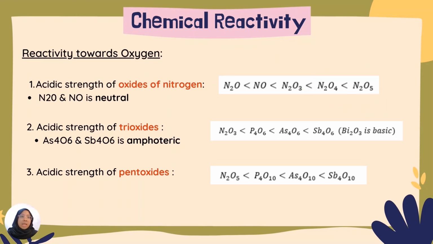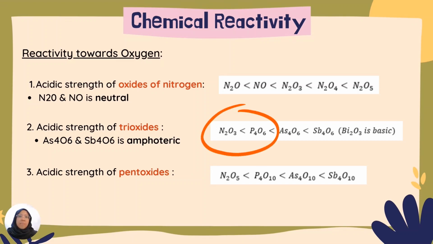The second one is acidic strength of trioxides. As4O6 and Sb4O6 are amphoteric in nature. When we compare the oxides of different elements, the greater the electronegativity, the greater the acidic strength. As you know, the electronegativity decreases going down the group.